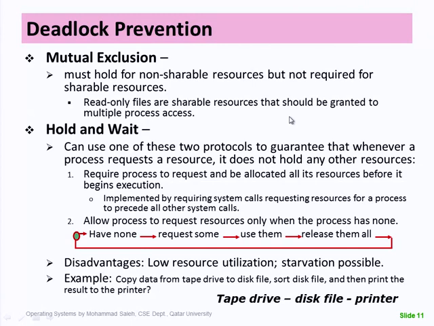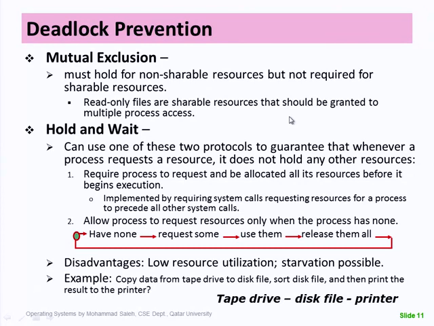So if a process currently has resource A and would like to have resource B, what should it do? Release A and then request B. Now what if it needs A and B together, okay, later on, but it found that it has A, however it needs B? Then it should release A, and request A and B, right?